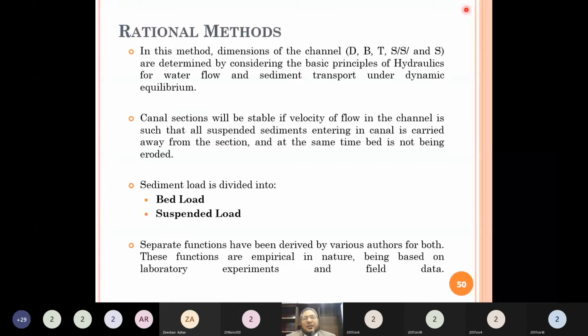And by the way, have you gone through the book? Are you reading some relevant book for the design of irrigation channels? What is the name of the book? Irrigation and Hydraulic Structures by Professor Dr. Iqbal Ali.